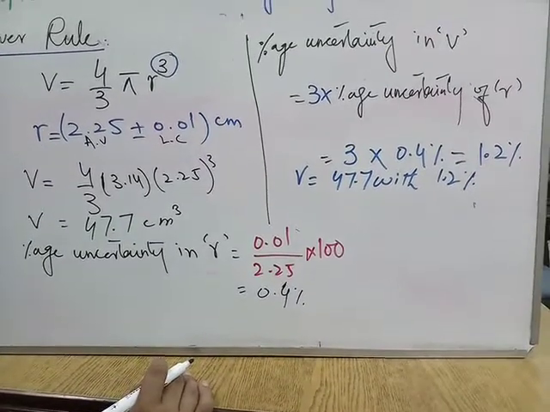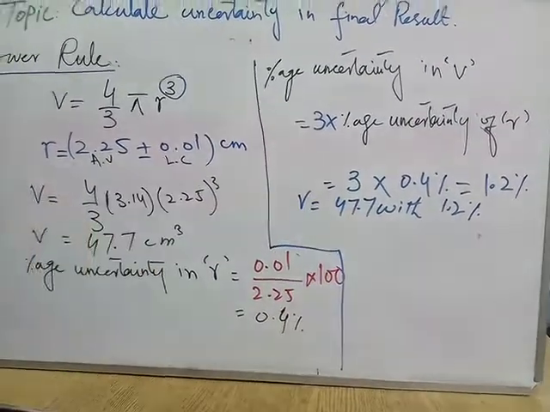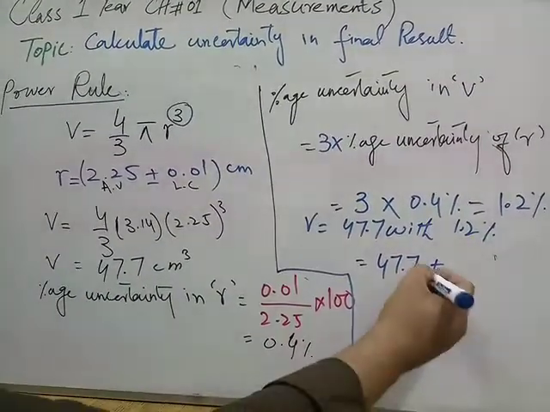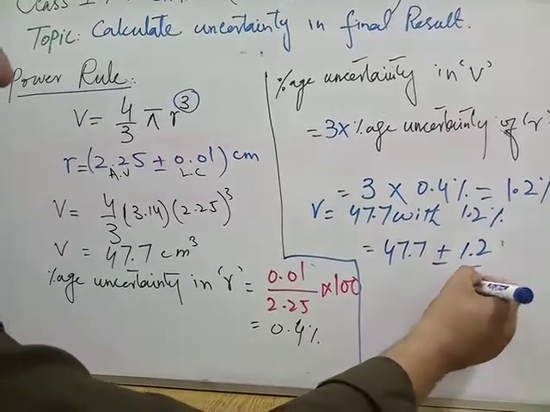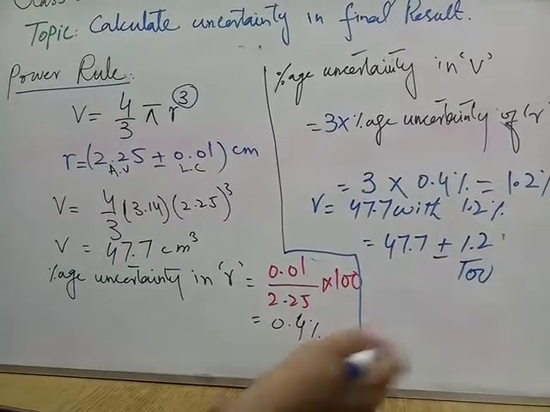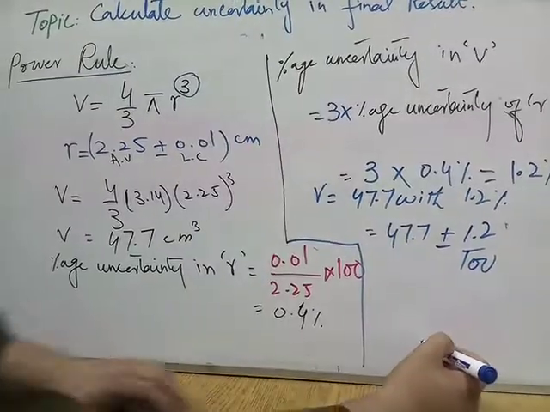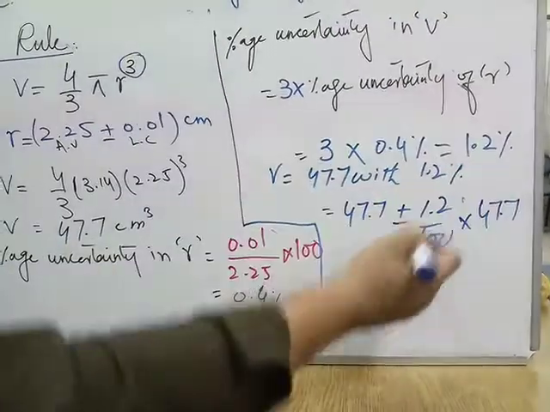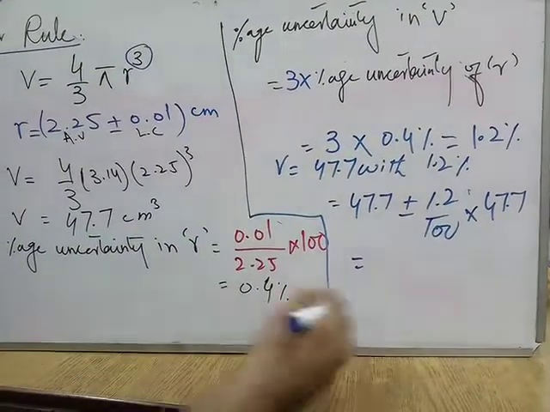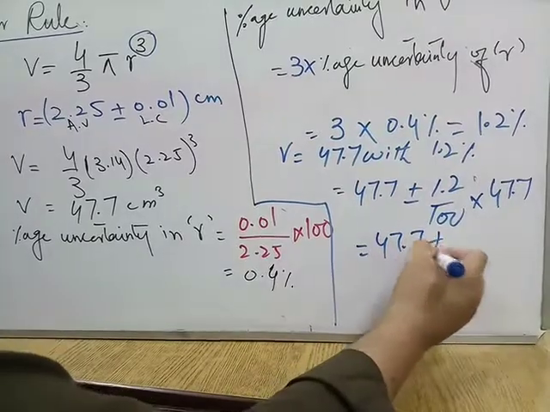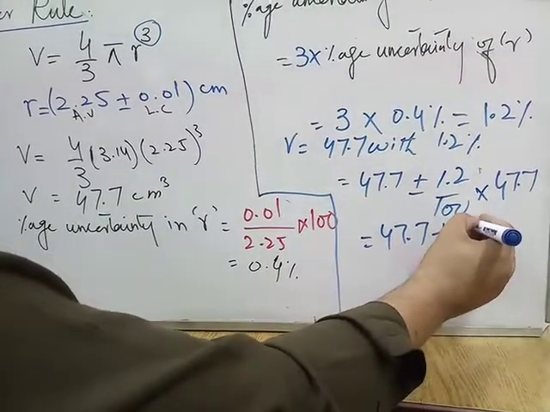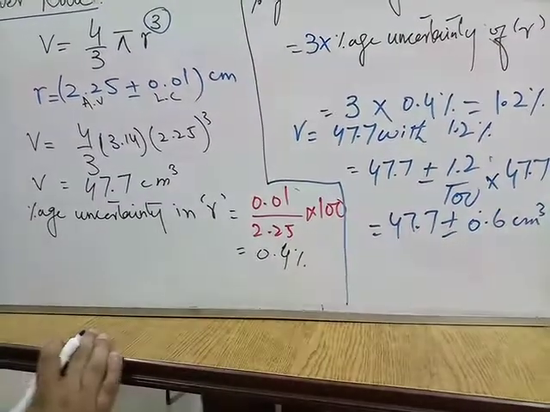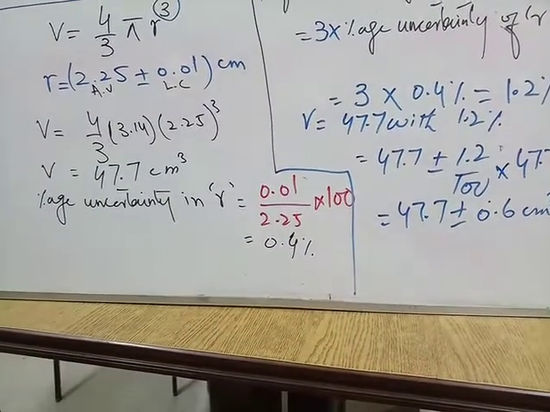If I write this in the form of plus minus, I can change the percent: 1.2 divided by 100, multiplied by 47.7. So the answer is 47.7 plus minus 0.6 centimeter cube. So this is the power rule.